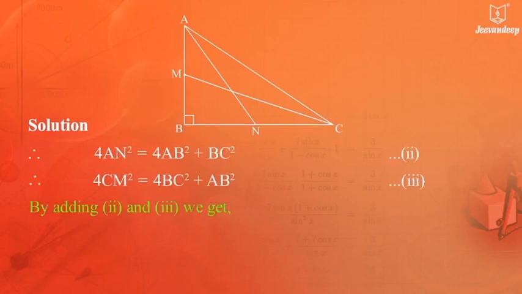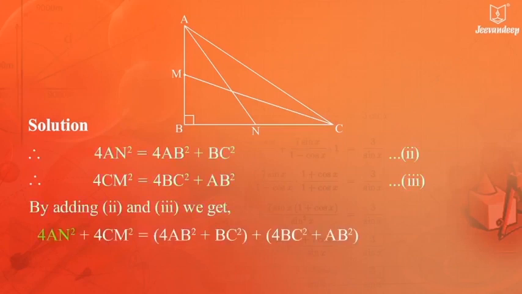By adding equations 2 and 3, we get 4AN square plus 4CM square equals 4AB square plus BC square plus 4BC square plus AB square.